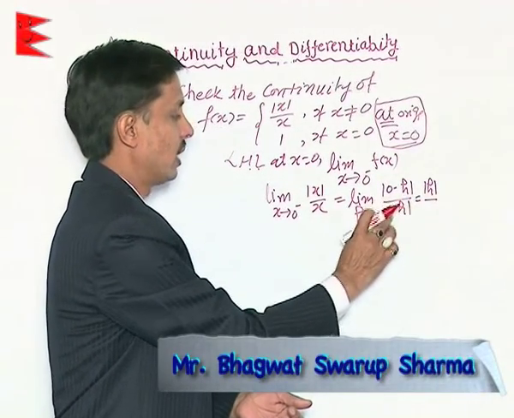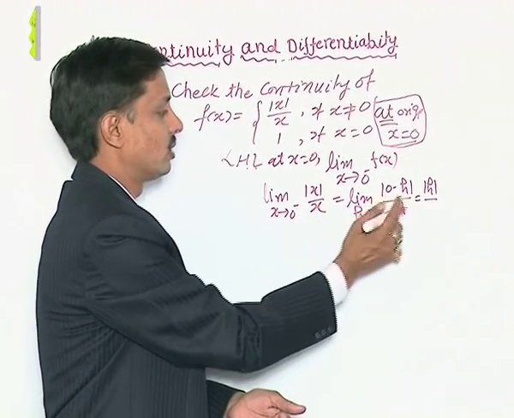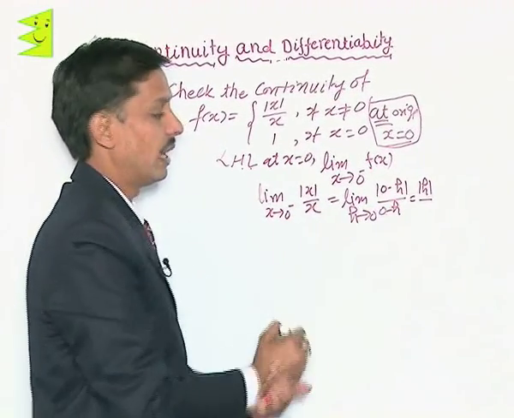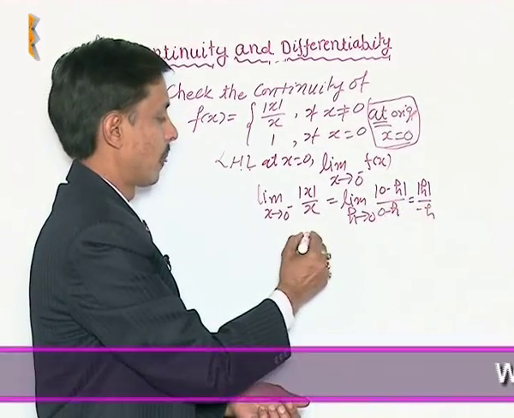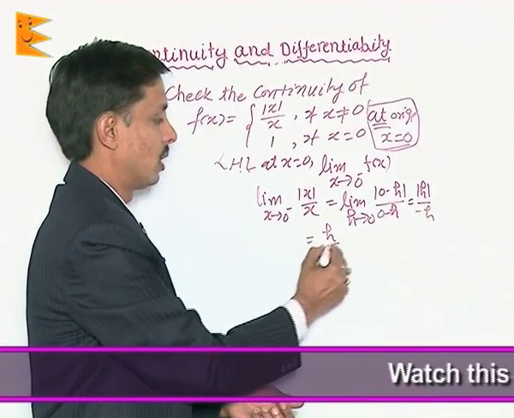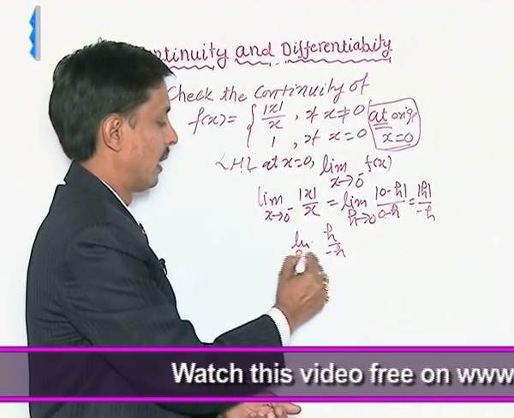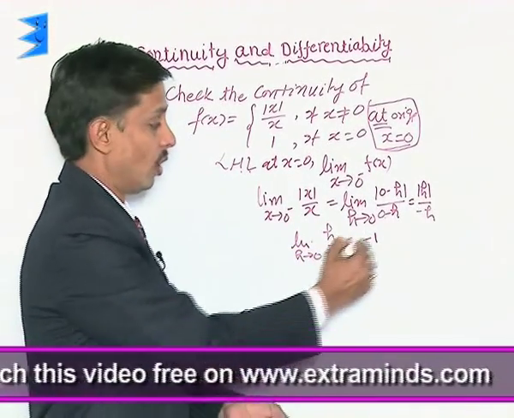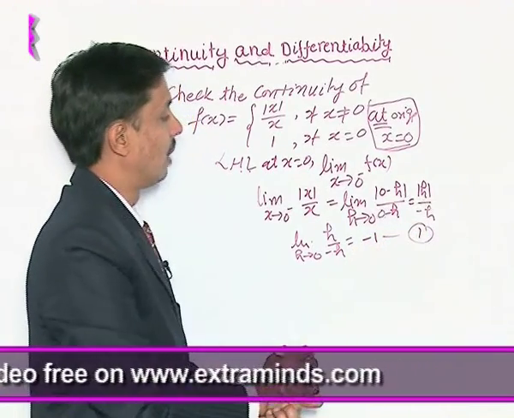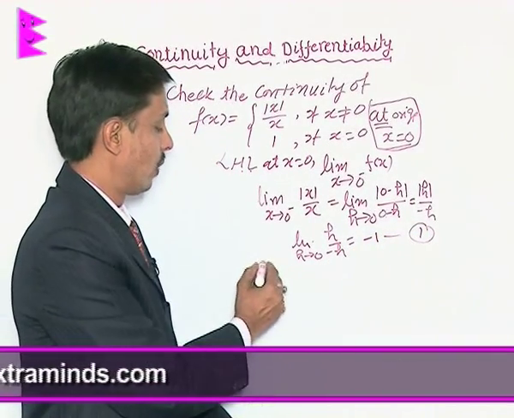And this is ordinary, we can write x = 0 - h. So |h|/(-h) becomes h/(-h) under the condition limit h tending to 0, and this result becomes -1. We say the value of the left hand limit of the function is -1.